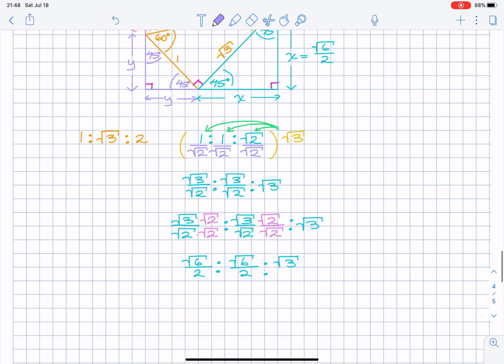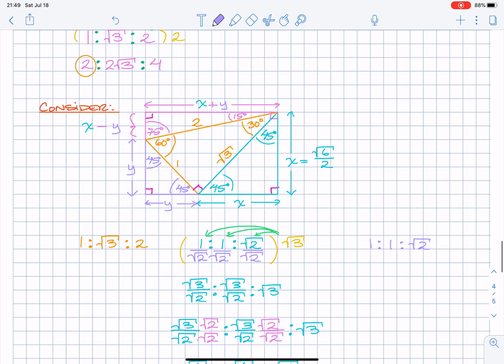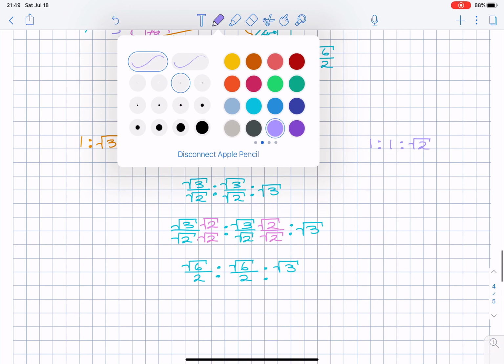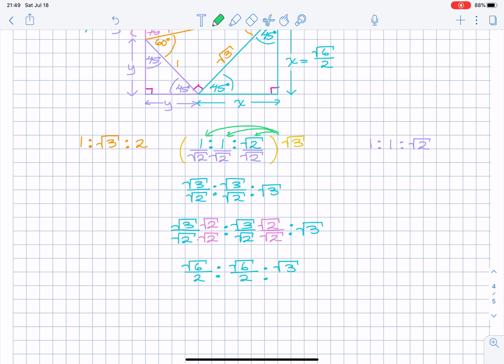So we're going to start off with 1 to 1 to root 2. But I know that the purple guy, his hypotenuse is 1. So once again, I'm going to have to divide off by root 2. So let's divide everything by root 2.